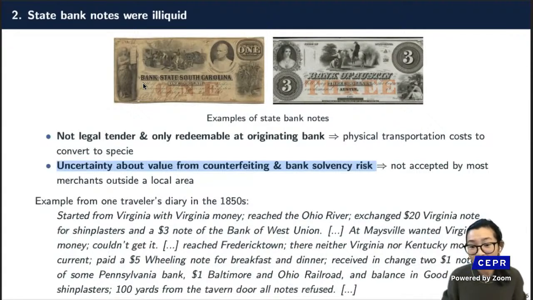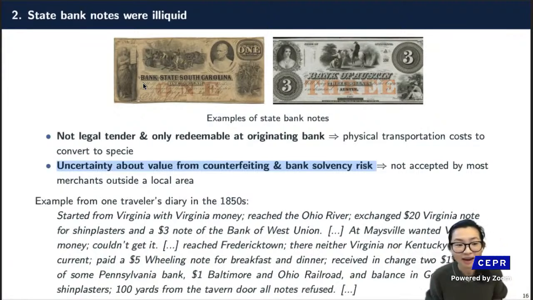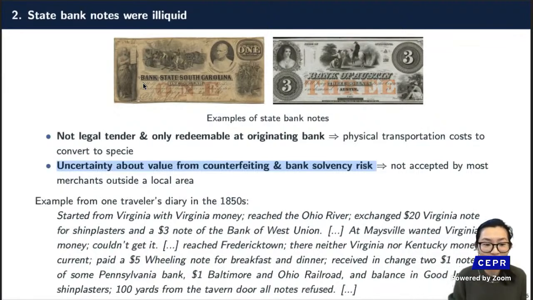And you don't know if by the time you get this note back to South Carolina, that bank will even be around and would be able to redeem this note, even if it weren't counterfeit. This means that, as you would expect, if you were a merchant, you weren't going to be taking any notes that were from a place that you didn't recognize.